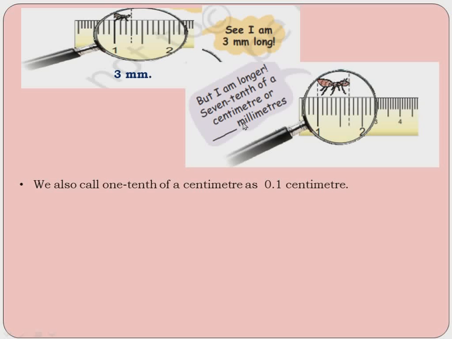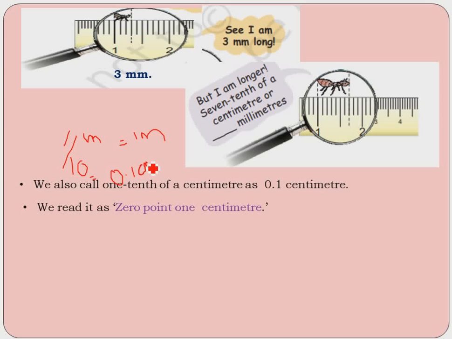Now first, we also call 1/10 of a centimeter as 0.1 centimeters. Yes or no? Just now we read that 1/10 of a centimeter is equal to 1 mm. So we read it as 1 mm, and we can also write this 1/10 as 0.1 centimeter.